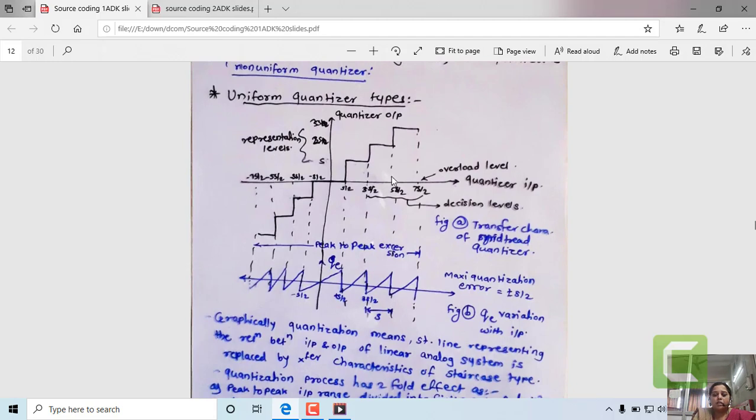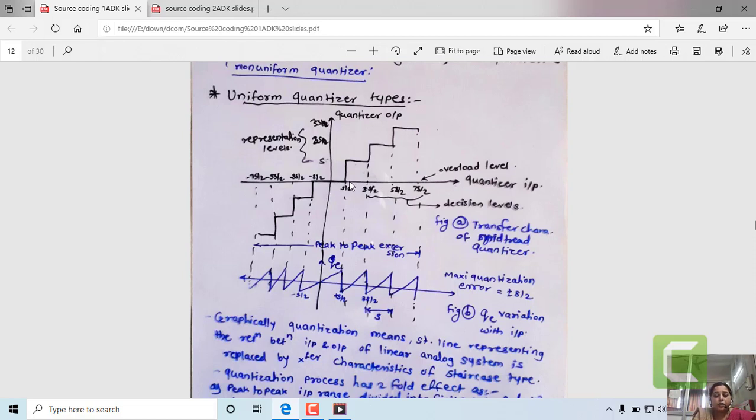In this black marked waveform, we have this staircase presentation, but please take note that in this staircase waveform, the level portion, which is known as the tread of the signal, is going to match at the center point of the origin. When the center point of the tread matches with the origin, it is said to be the mid-tread type of quantizer.